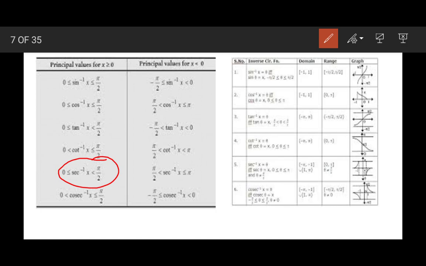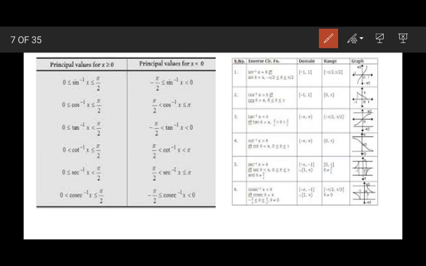And the domain will be minus infinity to minus 1 and 1 to infinity. There is a break, so it is a union of these two values.